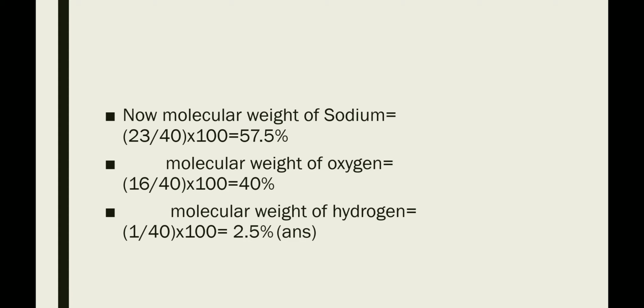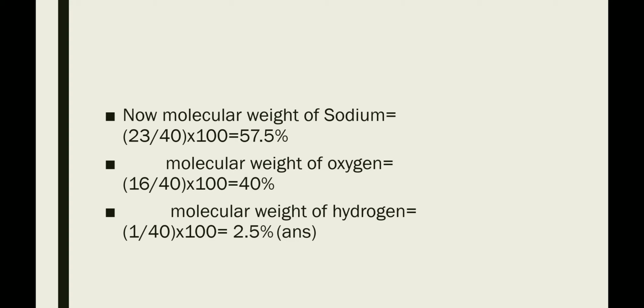One sodium atom's atomic weight is 23 out of the molecular weight of the whole compound sodium hydroxide. So 23 by 40 into 100, because it is percentage calculation. It is equal to 57.5%.